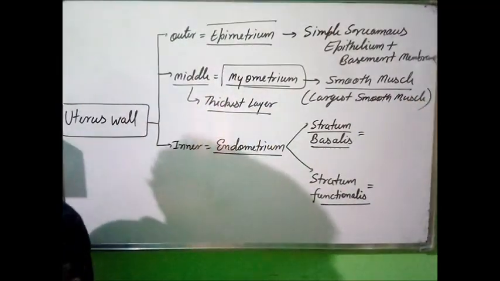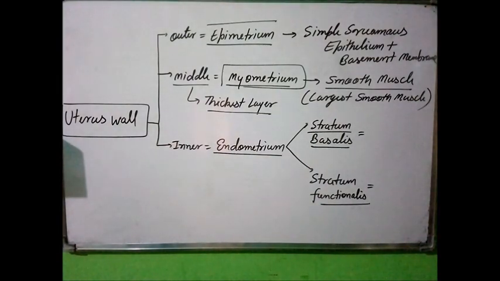If someone asks in which part of the human body the largest smooth muscle is found, it is present in the uterus wall. And what is its function? Since it is muscle, this muscle layer is responsible for contraction and relaxation.